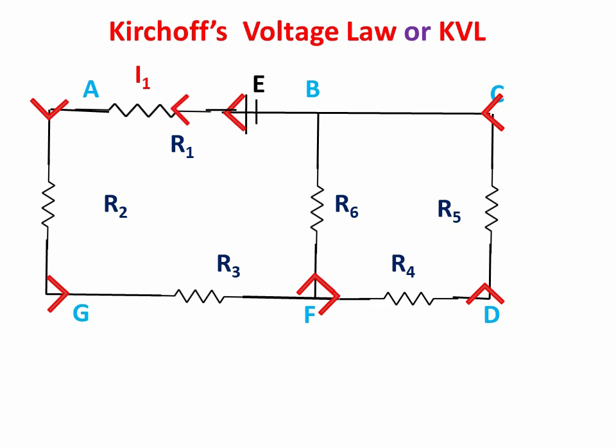The current starts from E and reaches A, G, F. Here the current is distributed into two ways. Partial current goes to D, C and B, where from F and C both currents merge and reach the negative terminal of the battery. In this way the current is distributed.